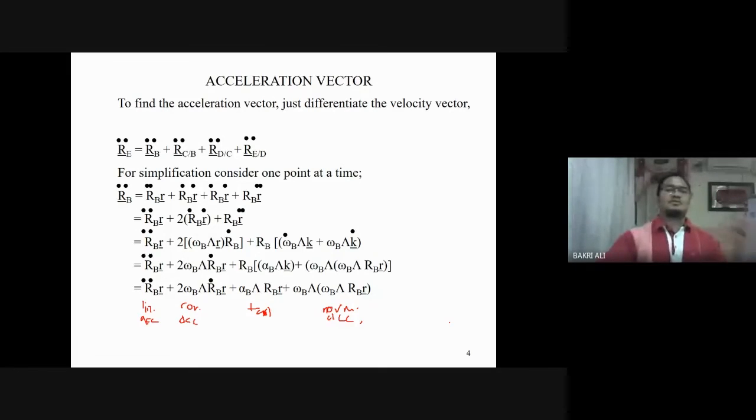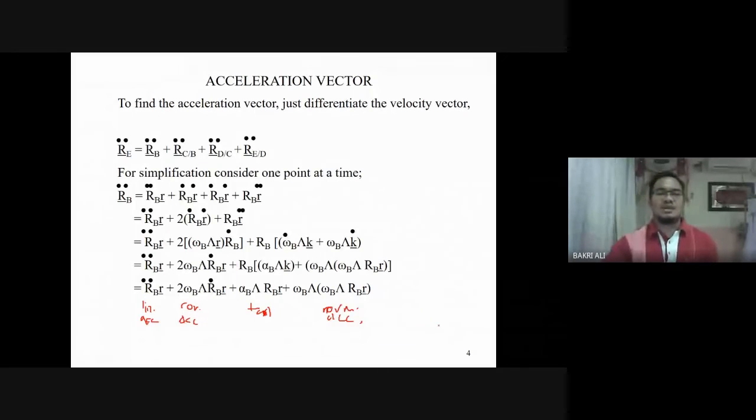So from the position vector we differentiate to get the velocity vector, two terms of velocity for each position vector. And when we differentiate the velocity vector, we get another four components of acceleration.